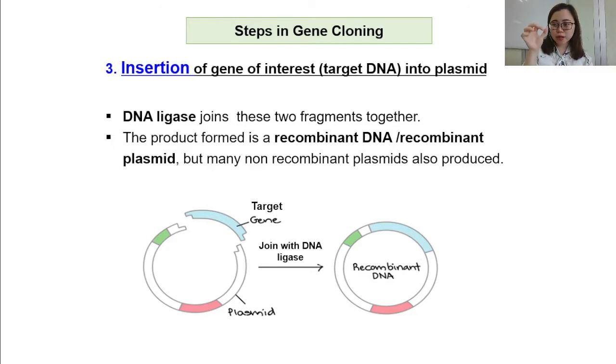Masa kita buat eksperimen tu, kita tidak akan nampak setiap plasmid yang terbentuk sebab kita tengok dengan mata kasar. So, masa kita campur-campur dalam test tube, ada yang berjaya insert dan menjadi recombinant plasmid. Tapi ada juga yang tidak berjaya dan mungkin dia akan jadi fragment DNA yang tidak berguna ataupun plasmid itu tidak dapat menerima target gene.